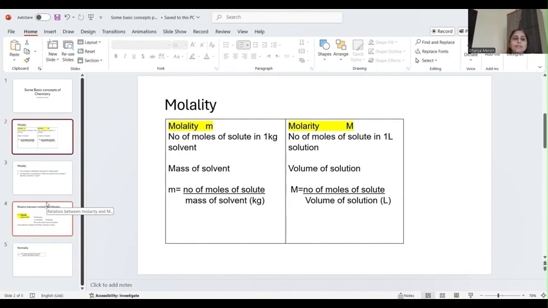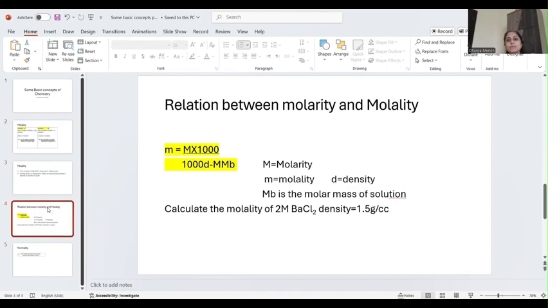Small m is the molality. Capital M is the molarity, times 1000 by 1000 d, where d is the density.